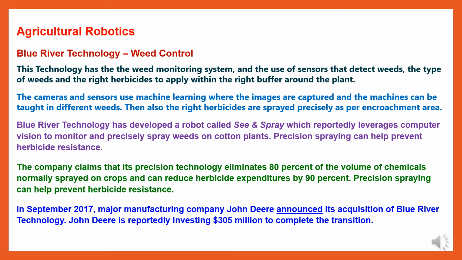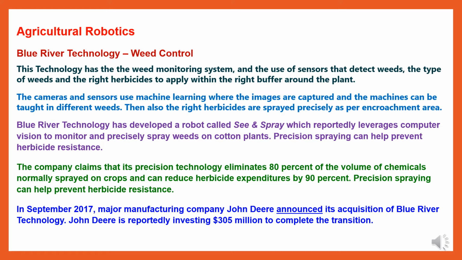Blue River Technology is used in agriculture for weed control purposes. This technology has a weed monitoring system and uses sensors that detect weeds, the type of weeds, and the right herbicides to apply within the right buffer around the plant. The cameras and sensors use machine learning, where the images are captured and the machines can be taught to recognize different weeds.